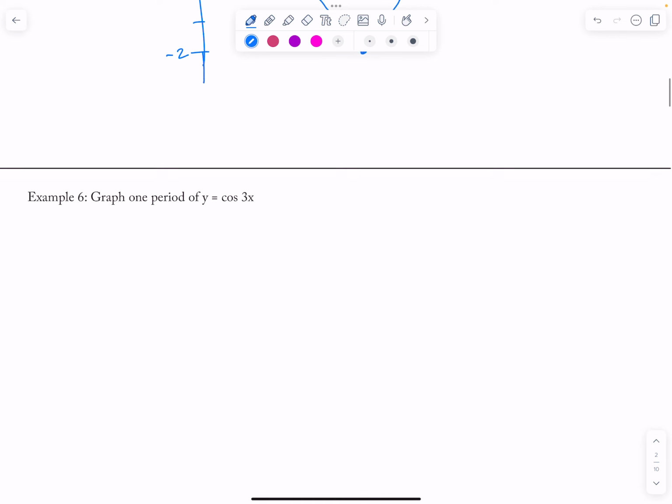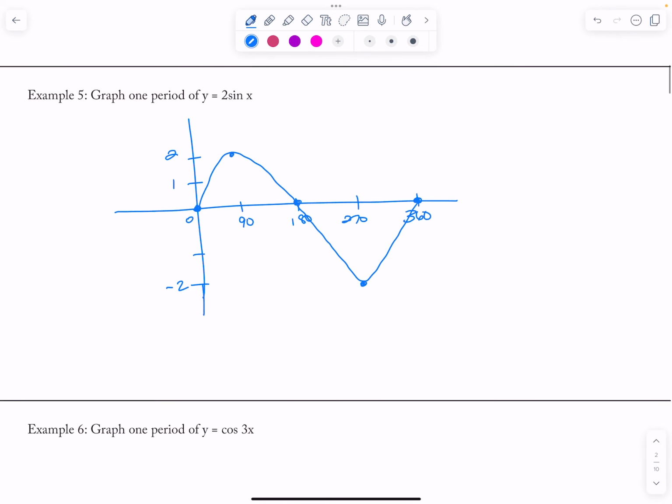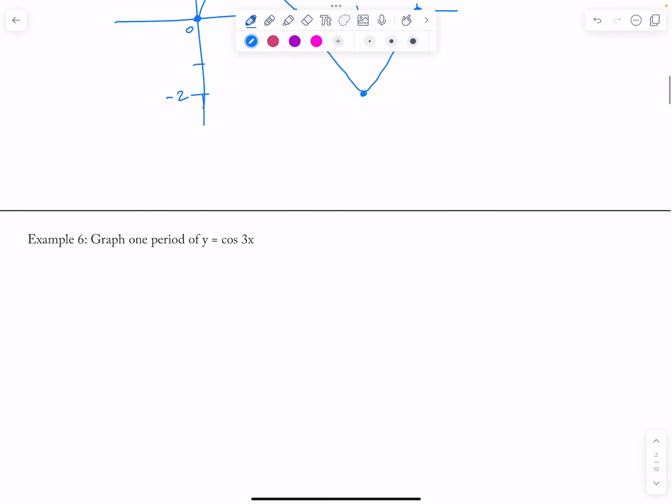Okay. Cosine. So my amplitude is still the same, so it's still 1, but my period is 360 divided by 3, which is 120.